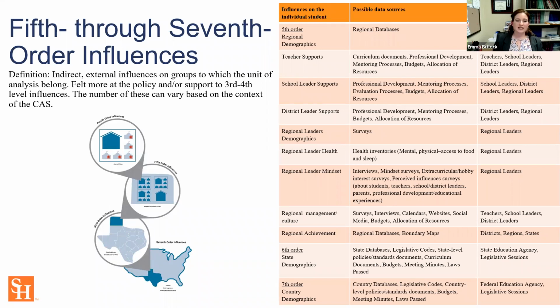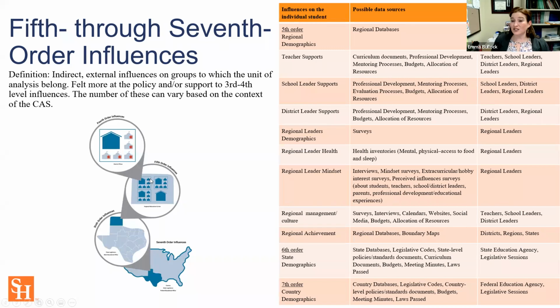And the number of these, like I said, can vary based on the context of your complex adaptive system. So remember, there's our little red student who represents our first and second order influences, the third order influences, the fourth order influences.